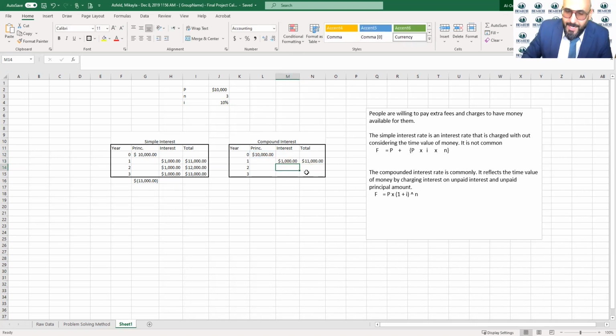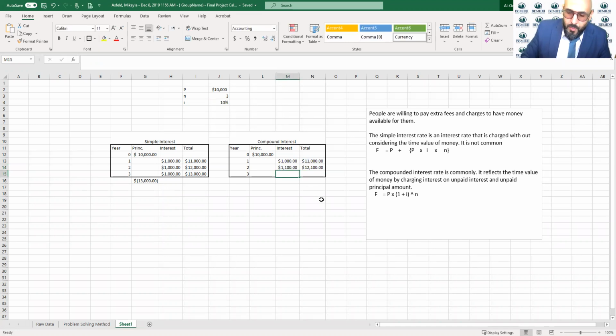Now for the second year, here's the difference. In the second year, we're not going to deal with the 10,000 anymore. We will be dealing with the $11,000. That's the new principal amount times 10%, and that would be 1,100, the new interest for year 2. And now we add 11,000 plus the 1,100.